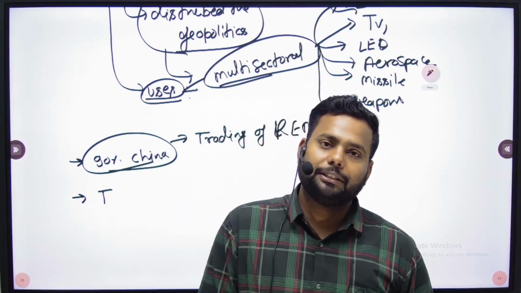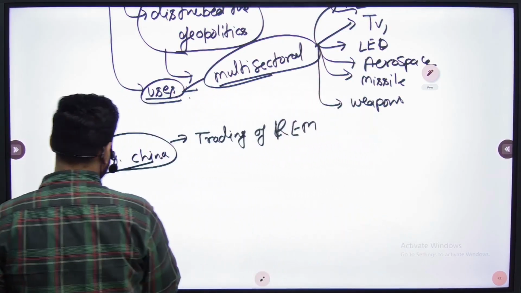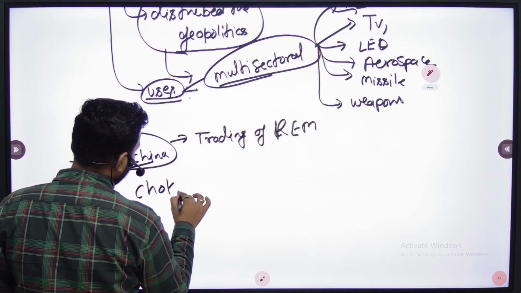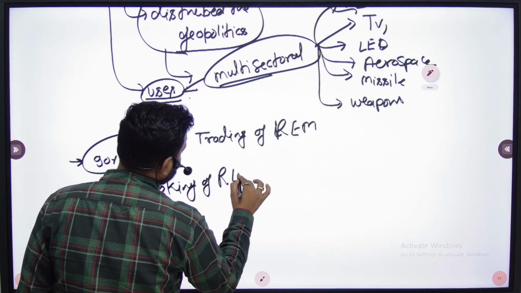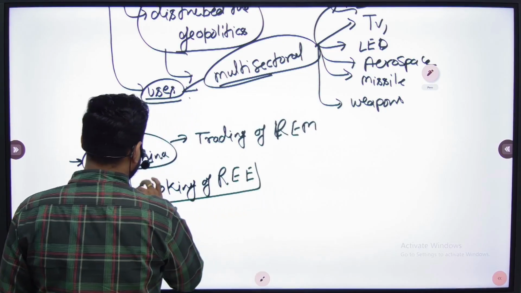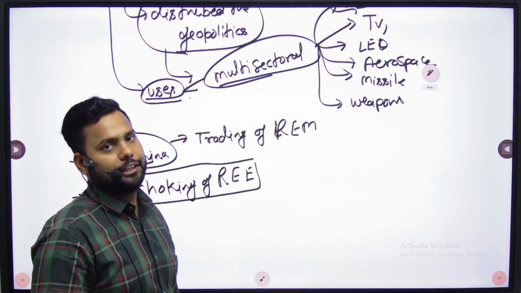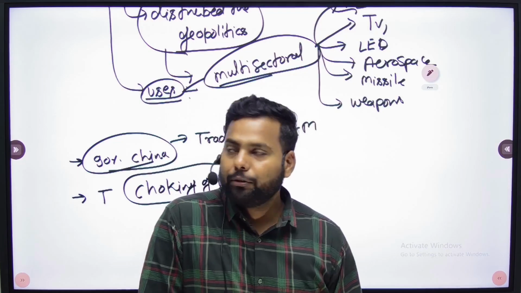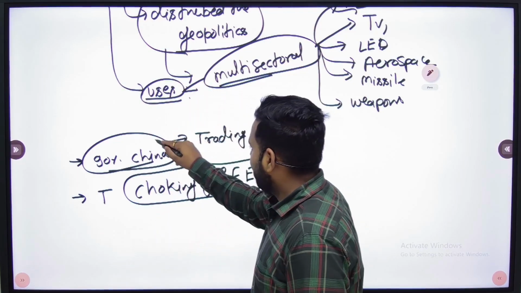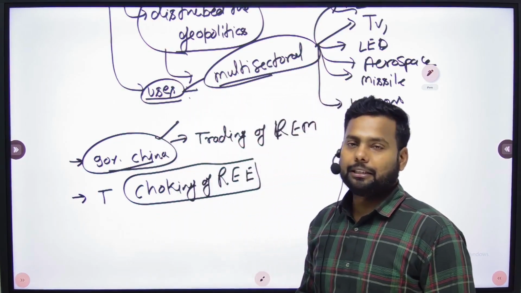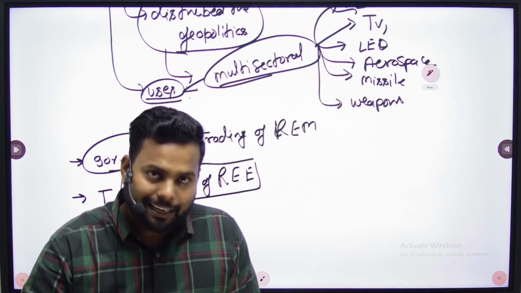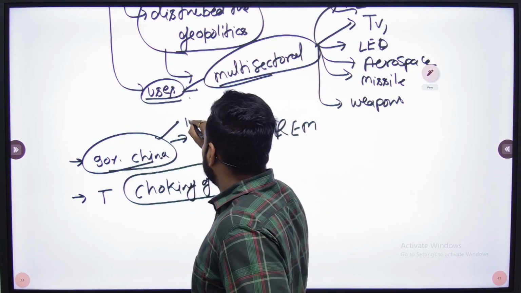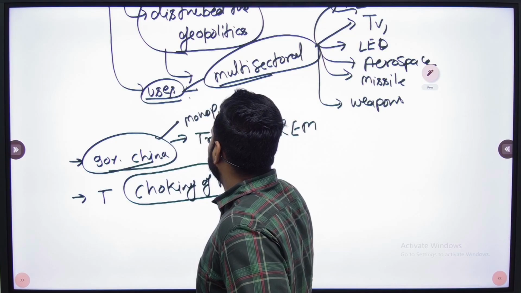Because of this reason, there is a choking of rare earth elements, and there is a disturbed chain. Why? Because 90% of rare earth elements are extracted, or you can say traded, by China. It is a dominance or monopoly of China.